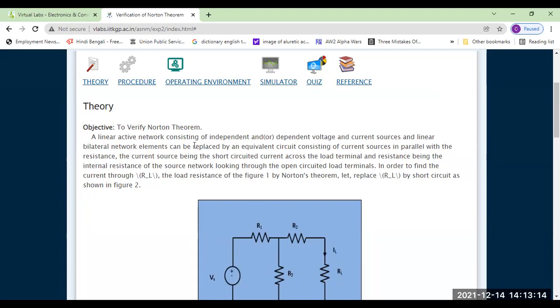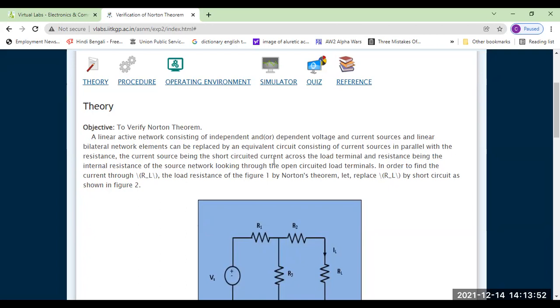Then the elements can be replaced by an equivalent circuit consisting of a current source in parallel with, just remember, in Norton theorem we apply the current source in parallel with the internal resistance. If it is Thevenin theorem, the same thing is there, but it will be replaced by a voltage source in series with the internal resistance. But in Norton theorem, it is the current source in parallel with the internal resistance.